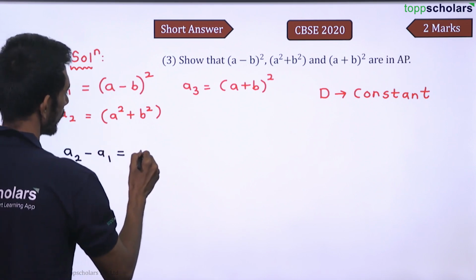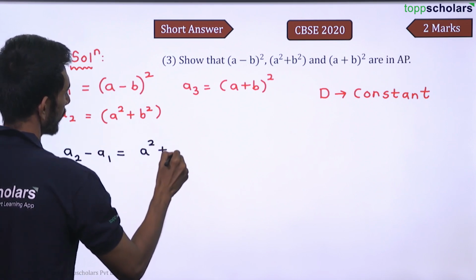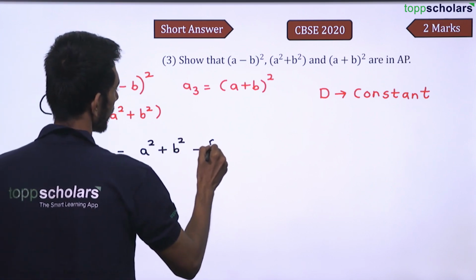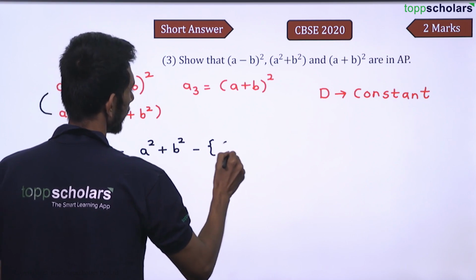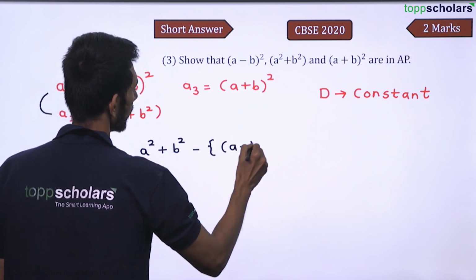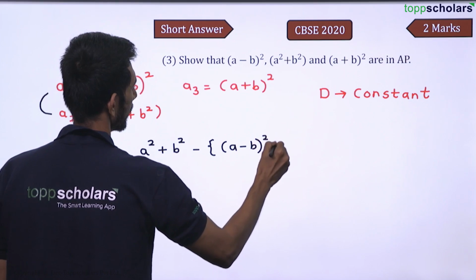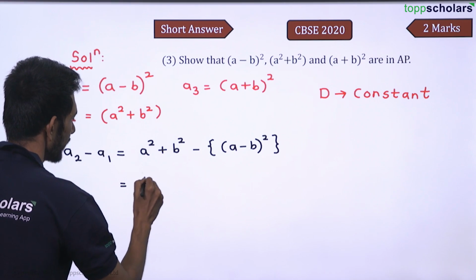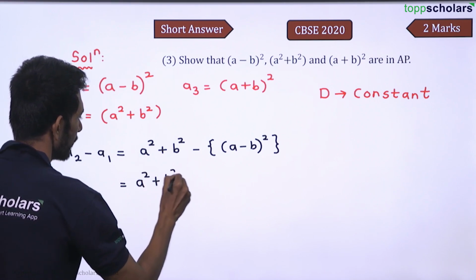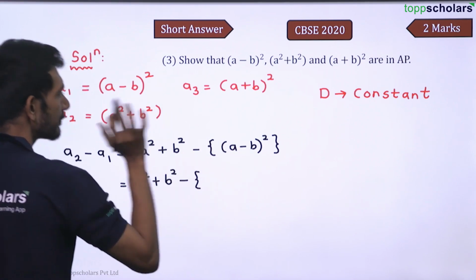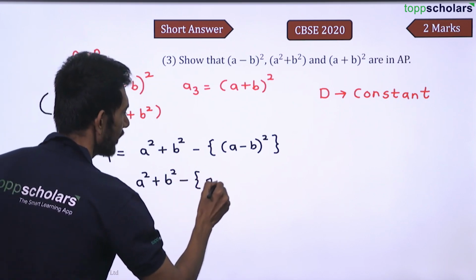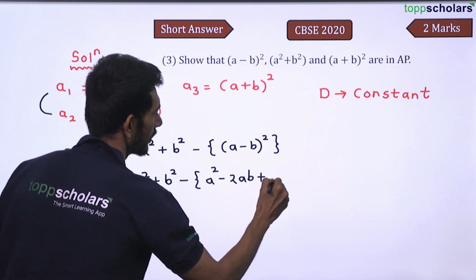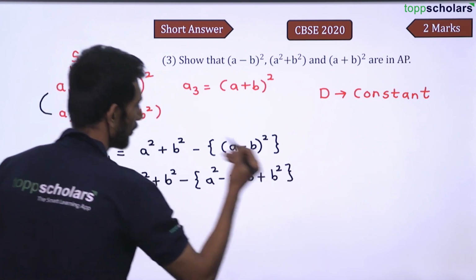So what is A2? A2 is A square plus B square minus, what is A1? A1 is (A minus B) the whole square. I'm putting it under the bracket. Now you can solve this bracket further. This gives you A square plus B square minus, solve this bracket first, that gives you A square minus 2AB plus B square.